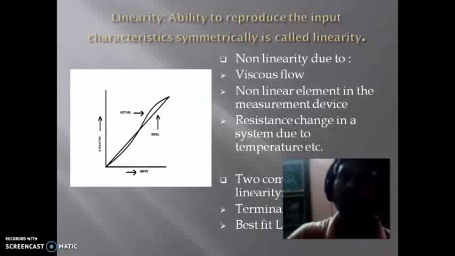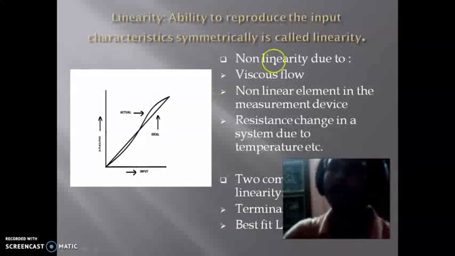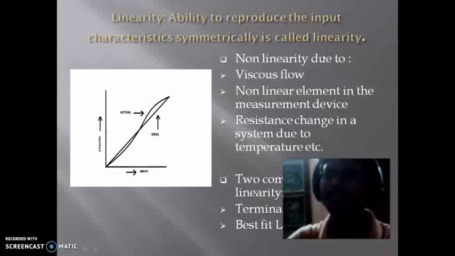But our aim for any kind of instrument, when we are trying to measure any value, is that it should be linear. But due to some problem or error in the system or instrument, we will not get the exact ideal value. We will get this kind of actual value, and that is the non-linear one. And this non-linearity is due to viscous flow. There may be different reasons for a particular system.